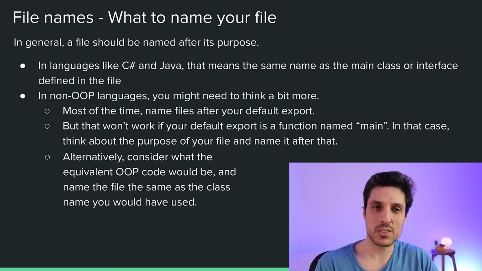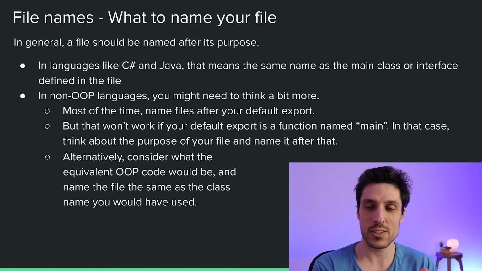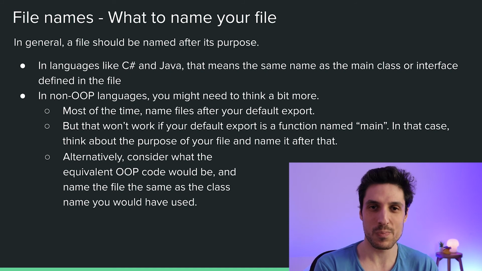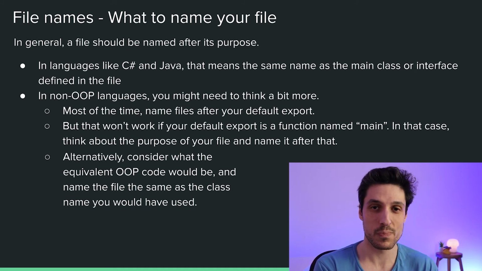Again, you need to consider what is the purpose of the file. For example, if you have a file that has code about a carousel, okay, and you export the function that's going to set up the events on the DOM or something like that, the purpose of the file is the carousel, right? So in that case, I would personally name the file carousel.